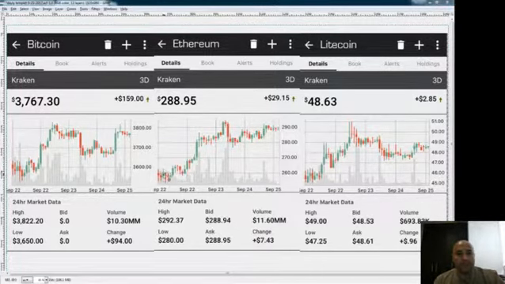But Ethereum went up gradually, then kept going up steadily to a certain value over there, at like $300, 305 or so.